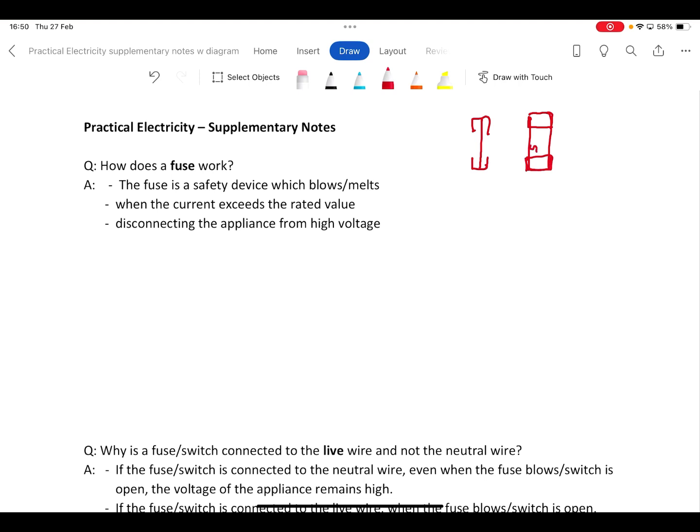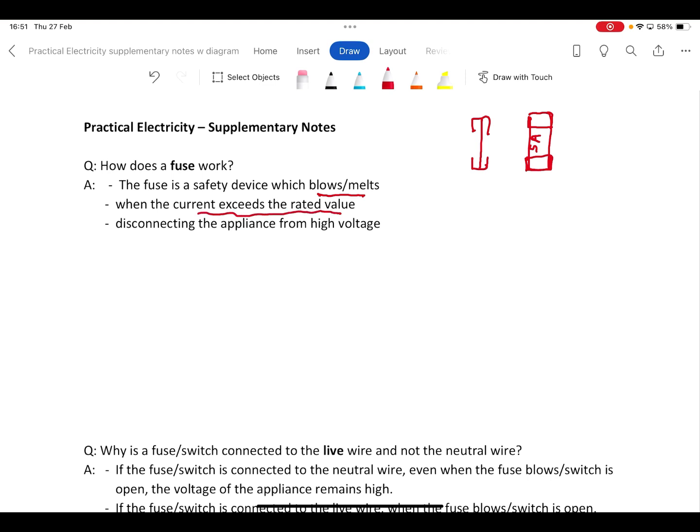Let's say 5 amperes. That means the fuse wire inside will melt when the current exceeds 5 amperes. The fuse will melt or blow when the current is too high.